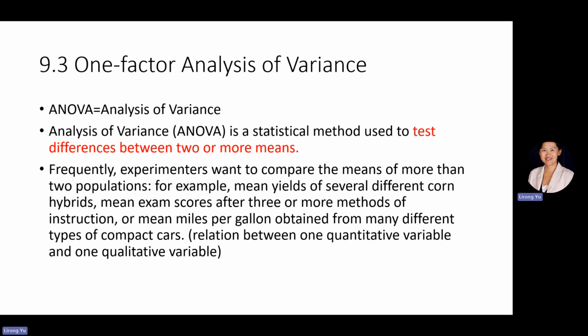You might want to compare the mean score after 2 or more methods of teaching, right? Or if you want to compare the mean miles per gallon from many different types of cars. So these are situations where you are trying to compare more than two. If you are comparing them 2 by 2, say you have three different types of cars, then you compare A with B, B with C, A with C, right?